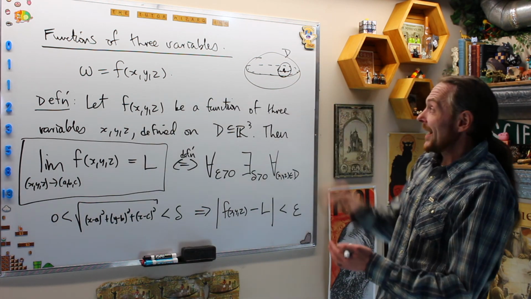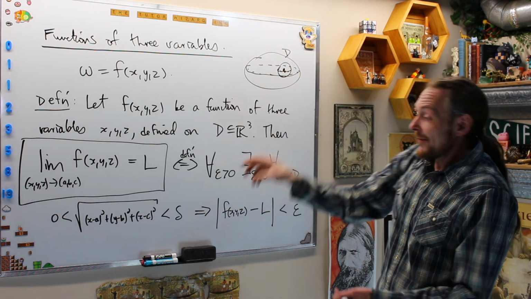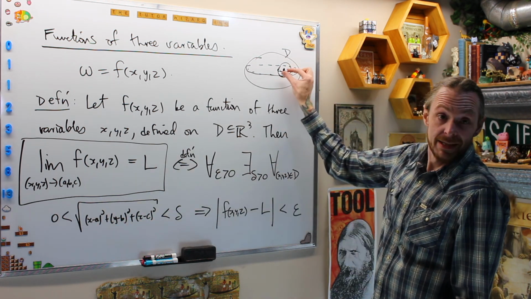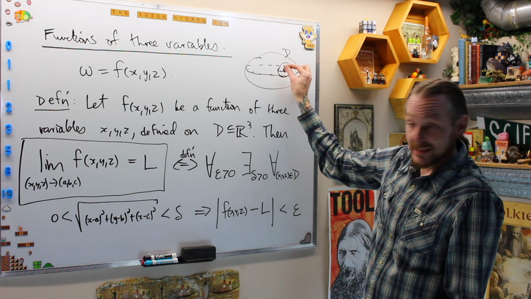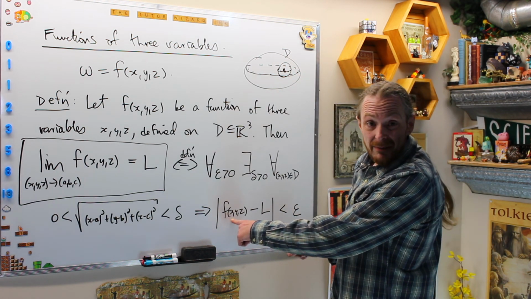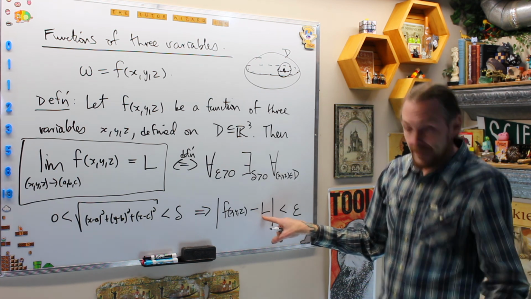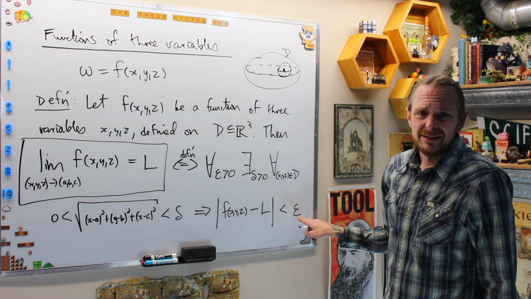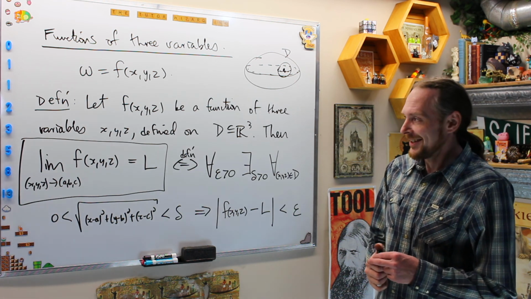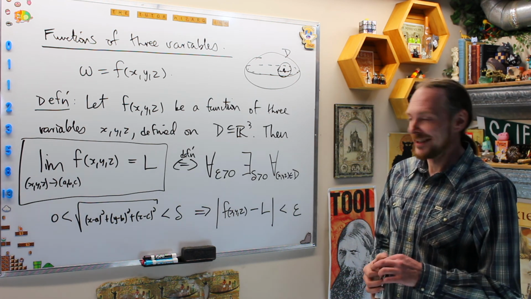Geometrically, we're saying in our 3-dimensional region D, if a point in there is sufficiently close to ABC, in a ball centered at ABC, then we can show that the absolute value of our function of 3 variables minus L, our limit, is less than epsilon. You're like, you explained that and it doesn't seem to have added clarity; you seem to have removed clarity.